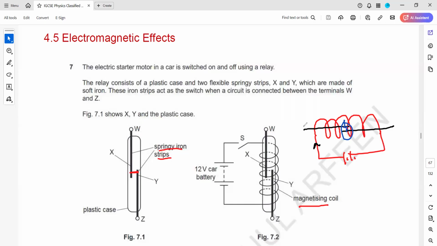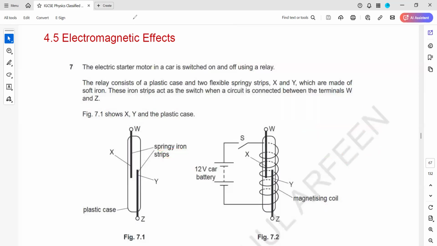When they move towards each other, if we connect anything to this part of the circuit, that will start to work. But that also needs electricity, so we have to provide electricity, like another battery, or we can use the same battery. That is another question also. But this is the working principle: when a current is passing, it produces a magnetic field and closes these iron strips.